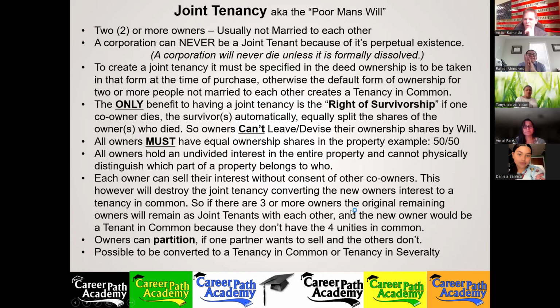So if there are 3 or more owners, the original remaining 2 owners will still be joint tenants with each other, but the new owner, who is the third person's buyer, didn't get their ownership at the same time or by the same deed, so they will be a tenant in common while the other 2 owners will be joint tenants. Owners can partition the property as well, and it is possible to convert a joint tenancy to tenancy in severalty as all the owners die off.